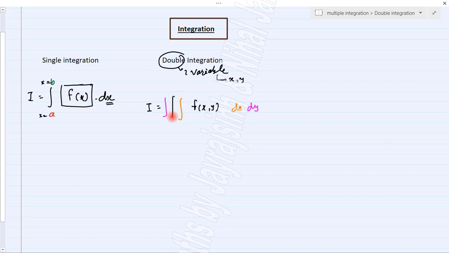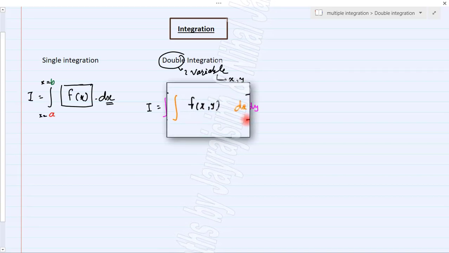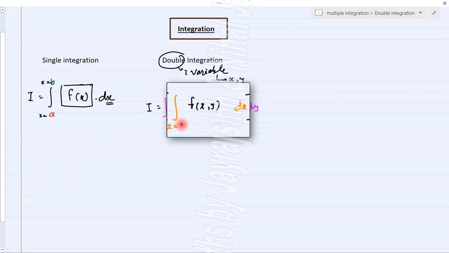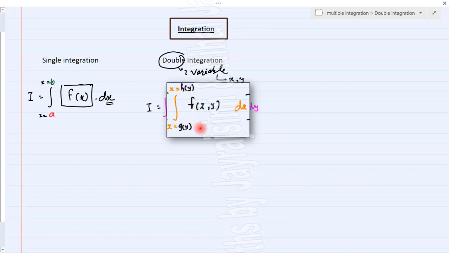Now, this inner portion will be known as the inner integration. Here we will have the lower limit of x. It may be a function of y or some constant, and here we will represent the upper limit of x, and during this integration we have to take y as a constant.